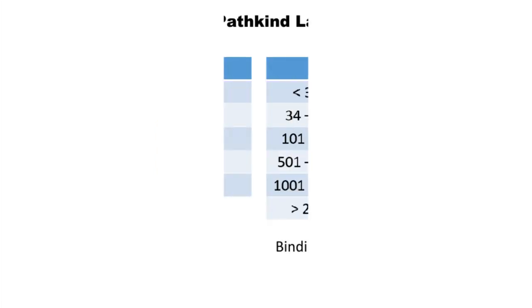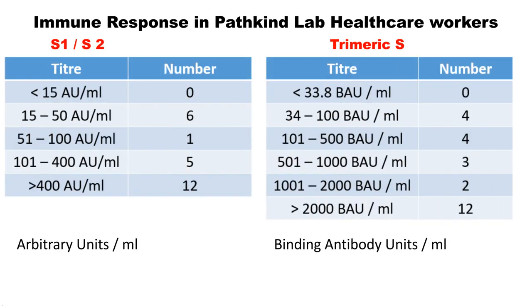When we tested them using S1, S2, 12 had more than 400 arbitrary units per ml. But when we tested with Trimeric, we found that Trimeric was much more sensitive, and 12 of them had more than 2,000 binding antibody units per ml, but many of them had higher titers.